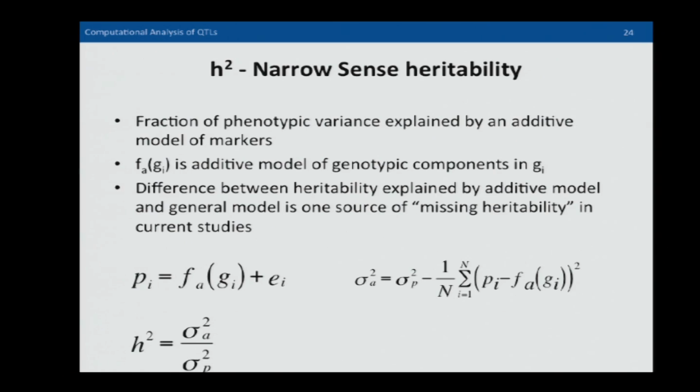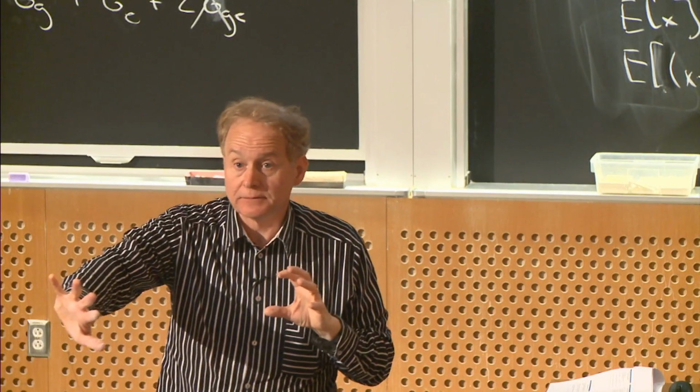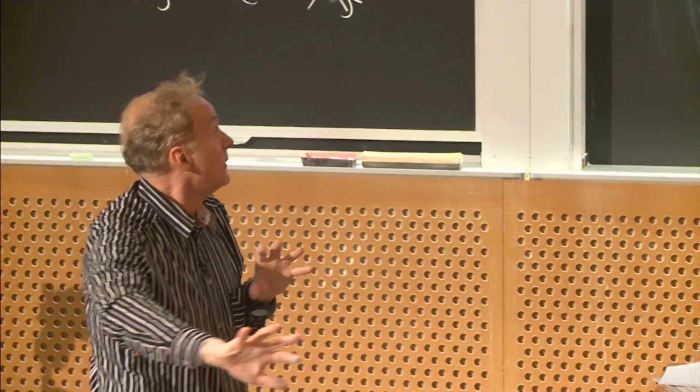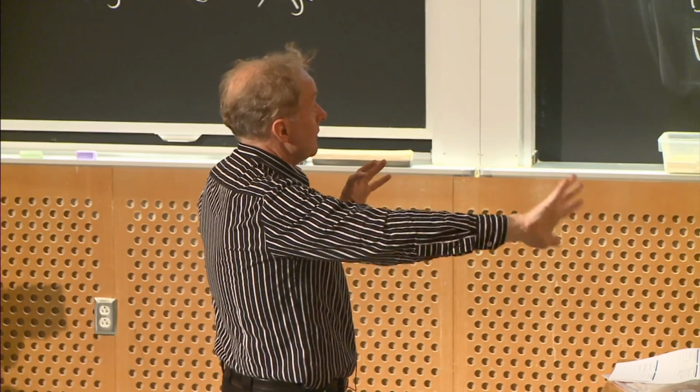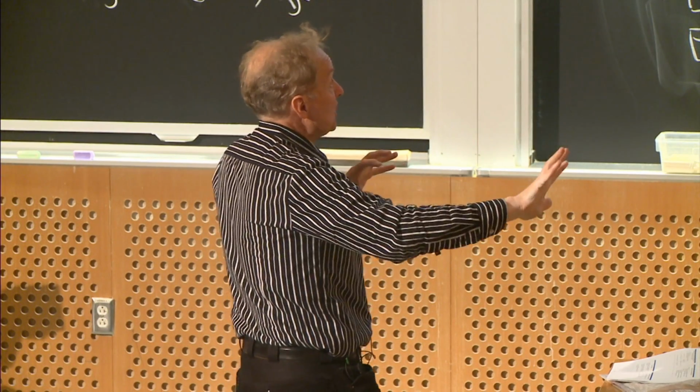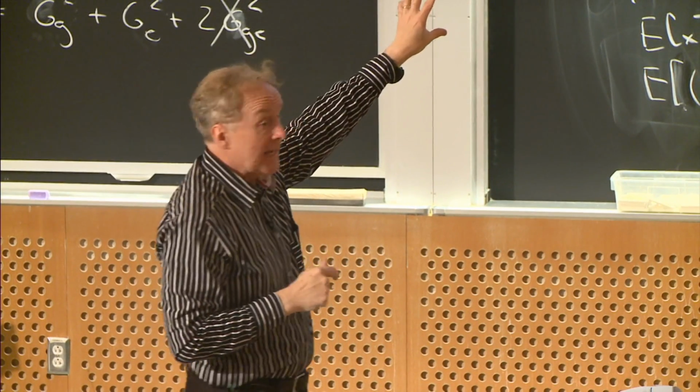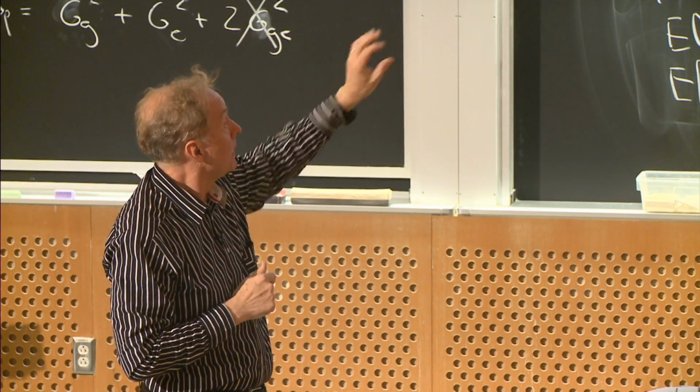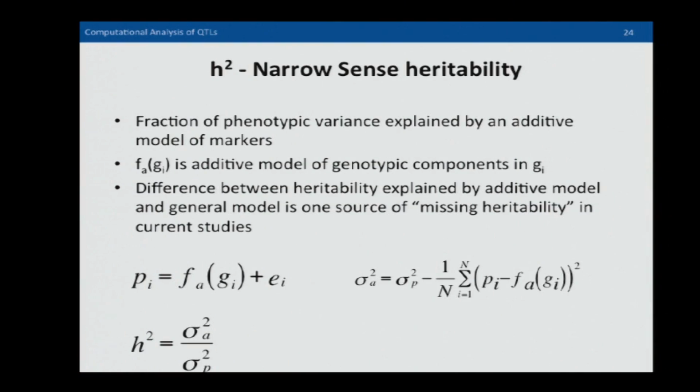That equation boils down to, you take the phenotypic variance and you subtract off the variance that's environmental, and that cannot be explained by the additive variance, and what you're left with is the additive variance. And once again, coming back to the question of missing heritability, if we observe that what we can estimate for little h squared is below what we expect, that gap has to be explained somehow.